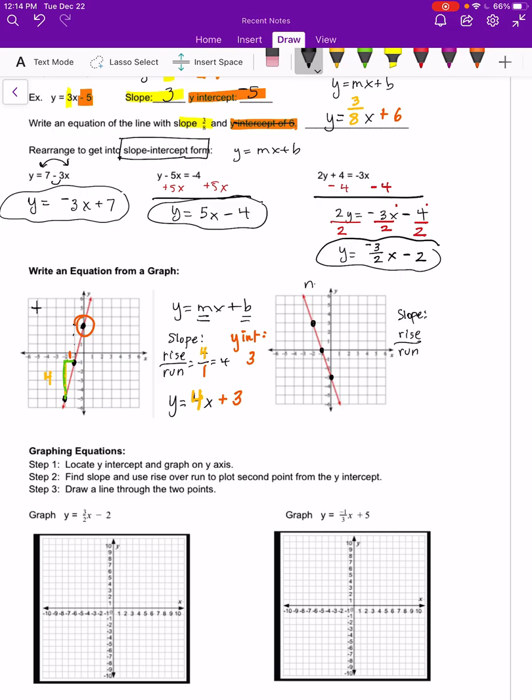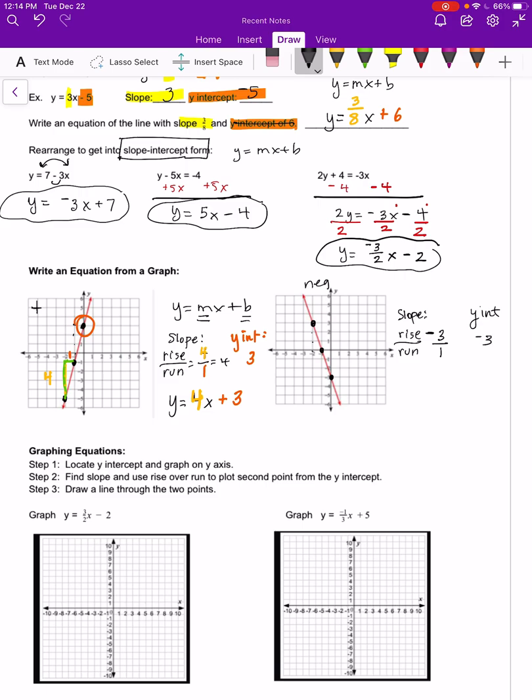It's going to be negative. So when I draw my triangle or I count, I'm going downwards, so I know it's going to be negative. So down 1, 2, 3 over 1. So -3 over 1. And then my y-intercept, it goes through the y-axis at -3.